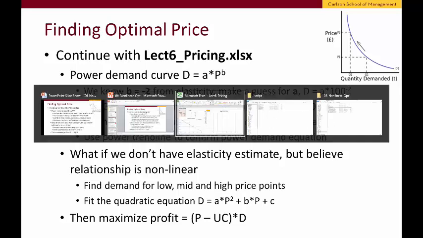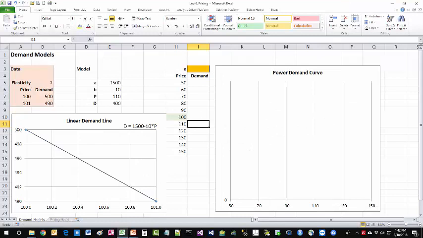So let's switch to it and start by entering a formula for the power curve right here next to the known baseline price of $100. The power curve is A, which is currently blank or 0, times the price, or P, to the power of, in parentheses, negative elasticity of 2.